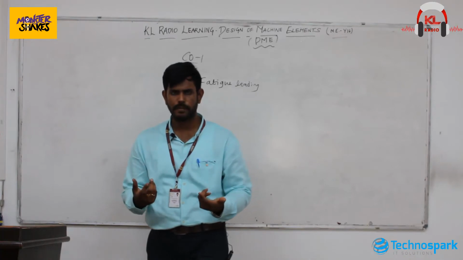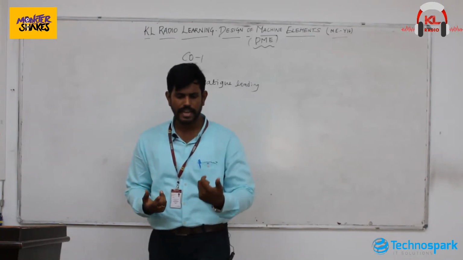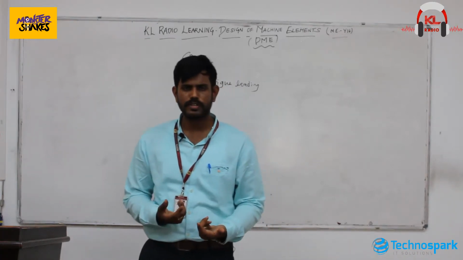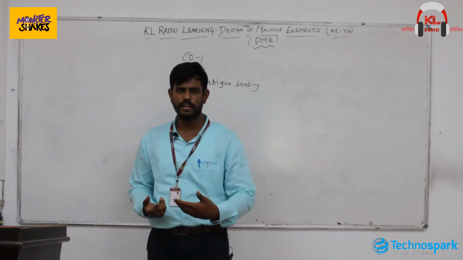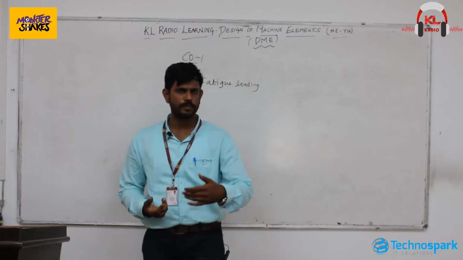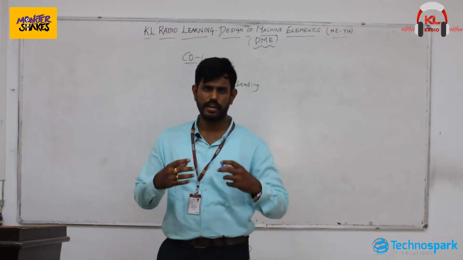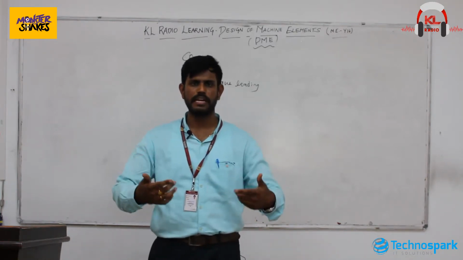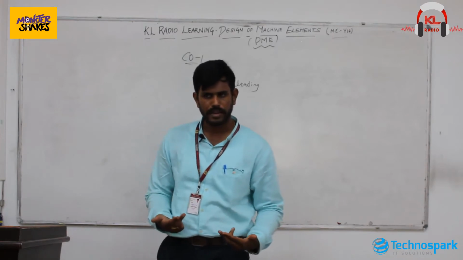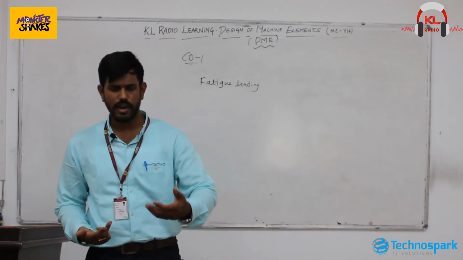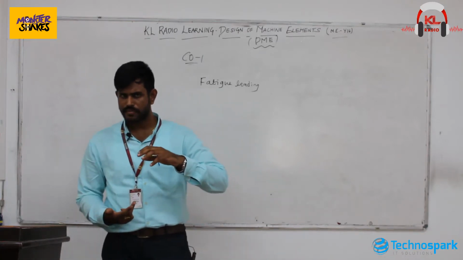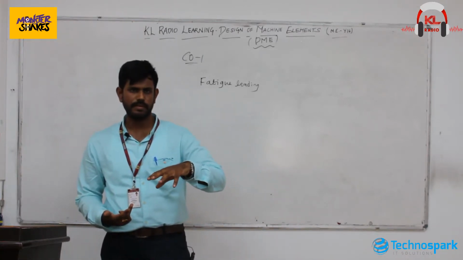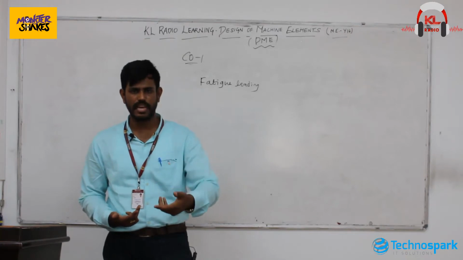Now what is the rotating beam experiment? Just like your universal testing machine, that is UTM, for torsion, for fatigue loading we have the rotating beam specimen, in which the specimen is loaded and subjected to completely reversed loading. Now what is meant by completely reversed loading? As I said, fatigue loading is not constant, that means the load will be changing for each and every cycle.